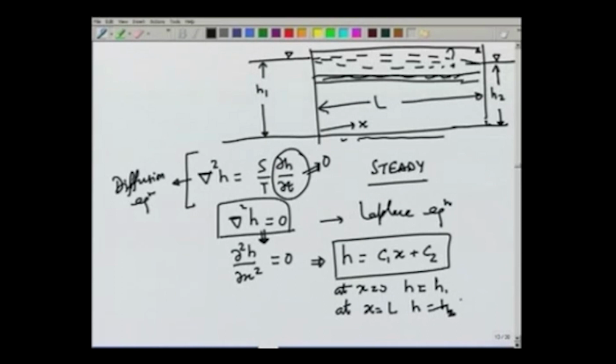Using these two boundary conditions, we can obtain the solution of this equation, which tells us that h is linear. So, if we have a flow between these two water bodies, the piezometric head in the aquifer will vary linearly between h1 and h2.